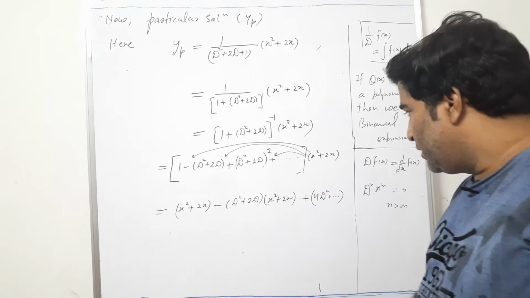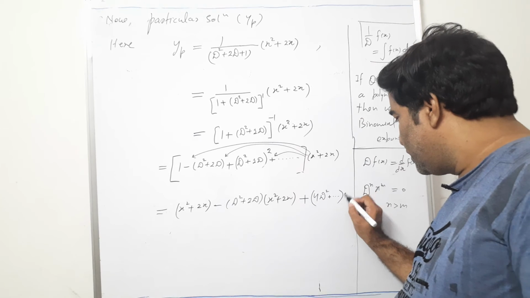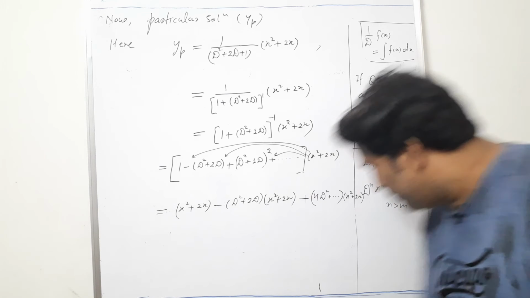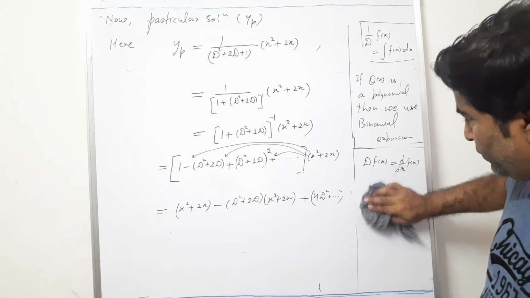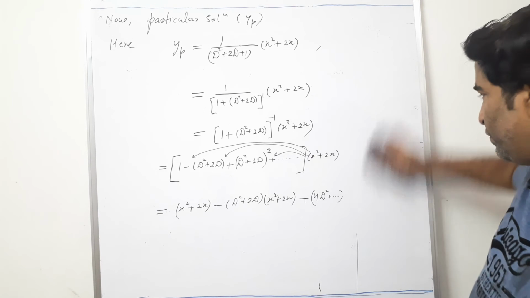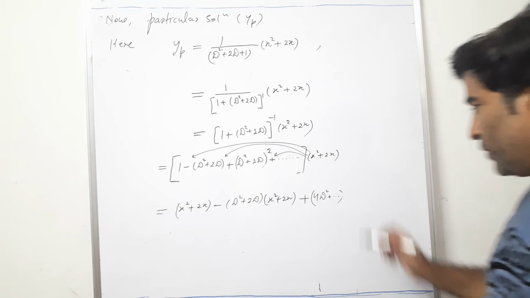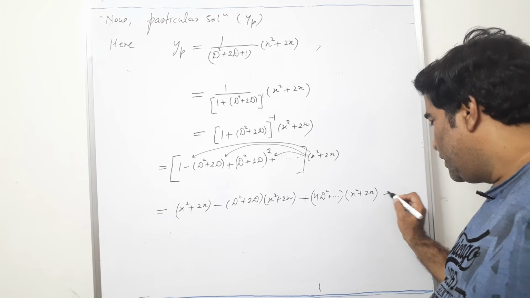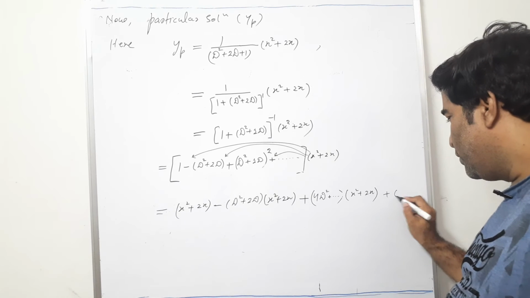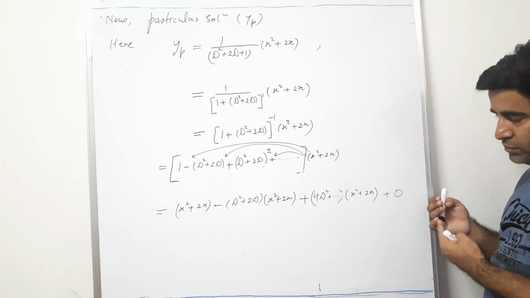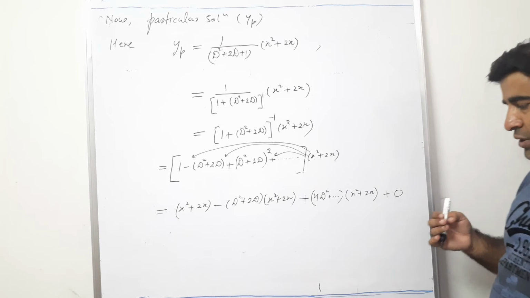We take only x square plus 2x, and all the other terms will become 0 because next we have terms containing a power of D greater than or equal to 3.